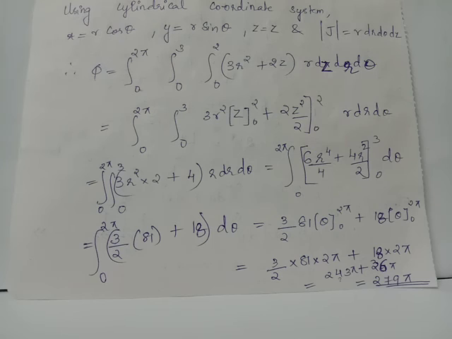After giving limits to z, you will get a double integral which involves r or theta in the terms of the integrand. As per this order, now we will carry out the integration with respect to r, treating theta as a constant, so that you get a single integral. After giving limits to r, you get the integrand which has to be integrated with respect to theta. Flux of the vector field equals 279 pi.